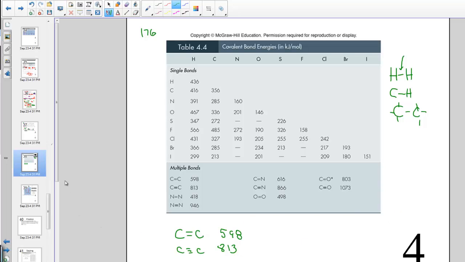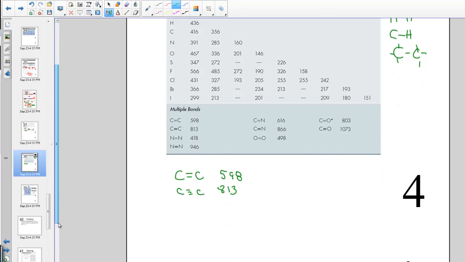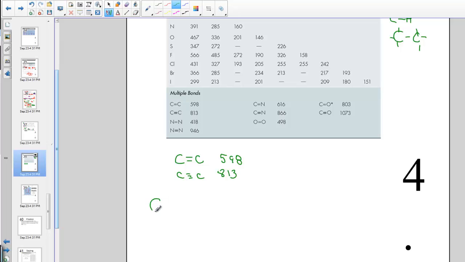So for instance, let's see why we need to know this. Earlier we asked, how much energy does it actually take for this reaction to go? Let's take an earlier equation where we had methane, the simplest of all hydrocarbons. Write that out with me. Methane is CH4.